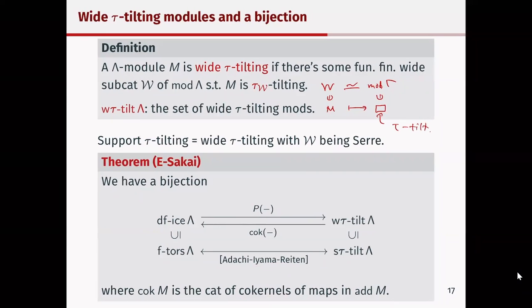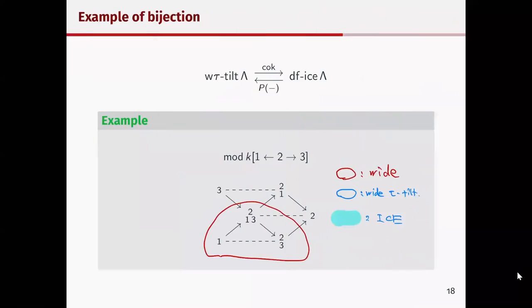And so in the next slide, I will show an example of wide tau-tilting modules and this bijection. So consider this A3 quiver case. Then this red one is a wide subcategory. And wide tau-tilting modules are tau-tilting modules in this wide subcategory. And actually, this wide subcategory is equivalent to the usual A2 quiver module category.